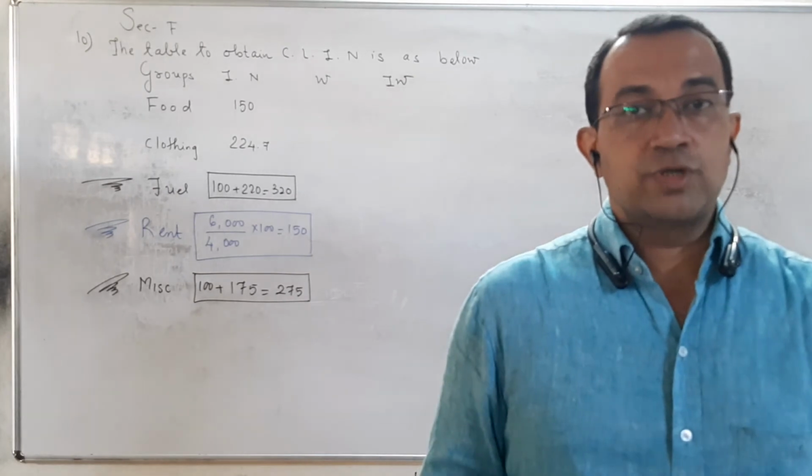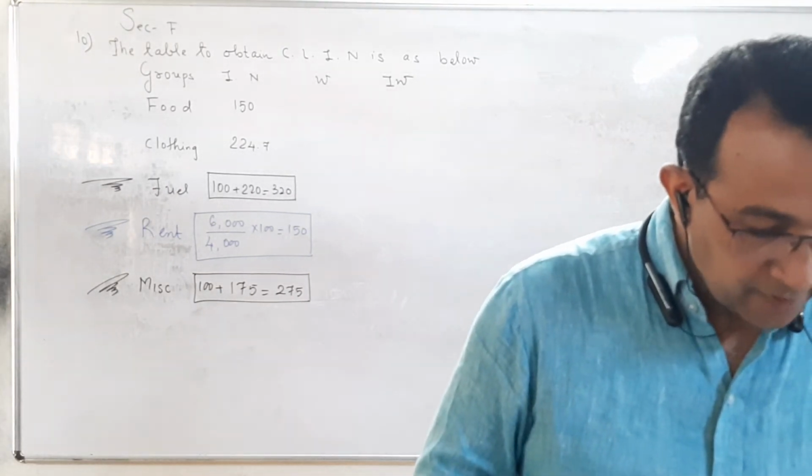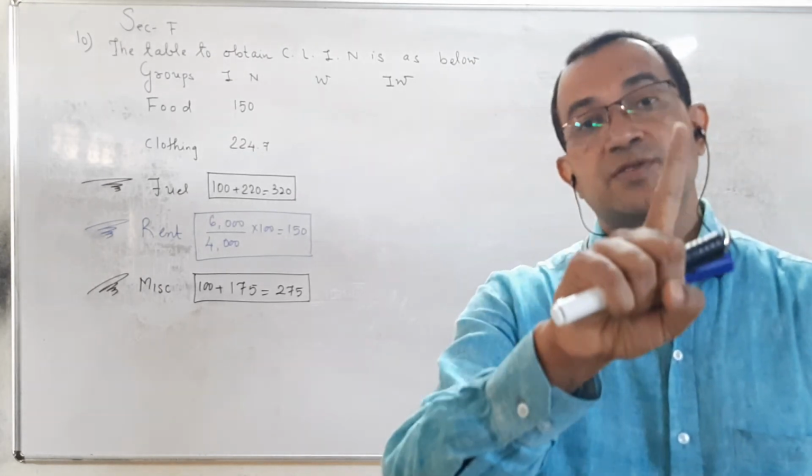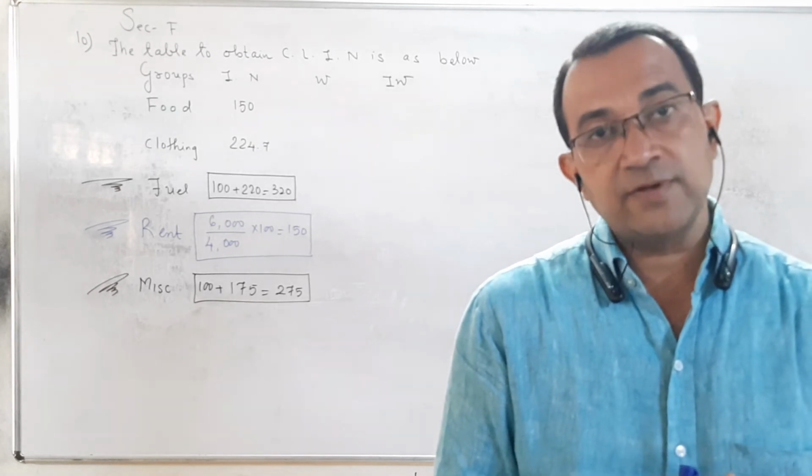So students, increment was increased by 1.75 times. So initial was 1, then current will be 1 plus 1.75, that is 2.75.